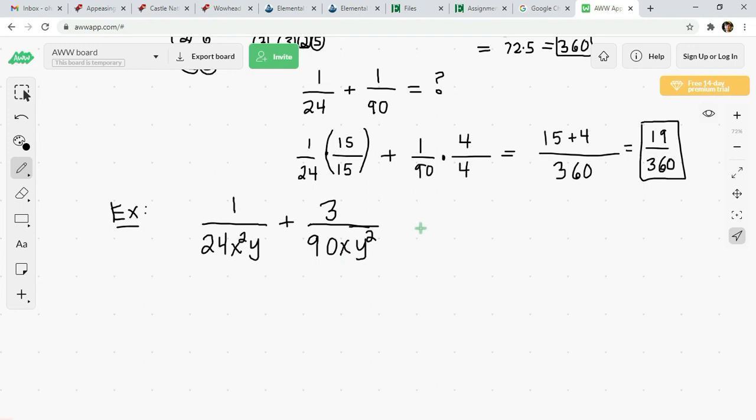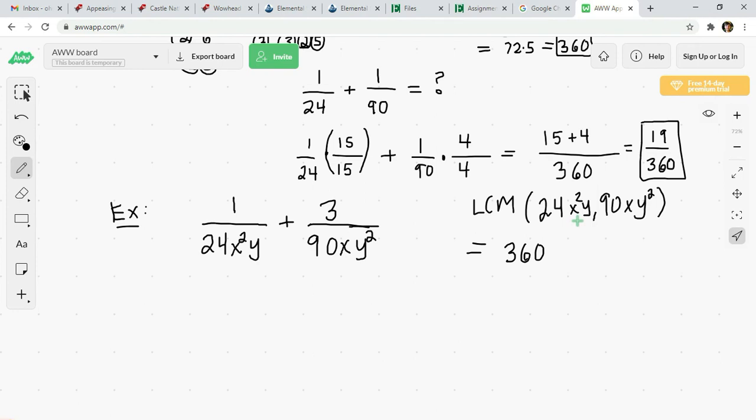Well, first of all, remember that the LCM of 24 and 90 is just 360. So we want the LCM of 24x squared y and 90xy squared. Well, we already know the 360 will definitely be a part of the LCM because of what we concluded earlier. Remember the key idea.